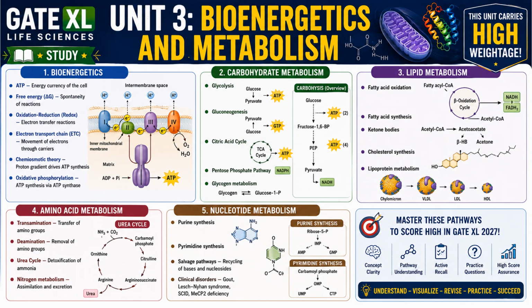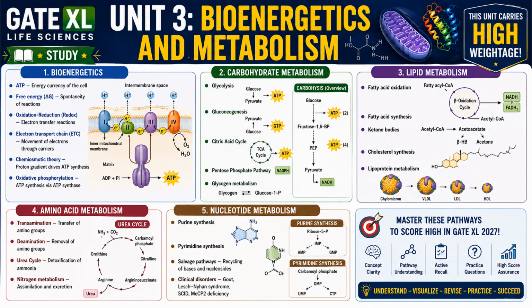Then the second portion is carbohydrate metabolic processes. If you need to understand how the cell utilizes glucose to generate energy, then you should study glycolysis, gluconeogenesis, glycogenesis, glycogenolysis, citric acid cycle, pentose phosphate pathway, or you can call it the hexose monophosphate shunt.